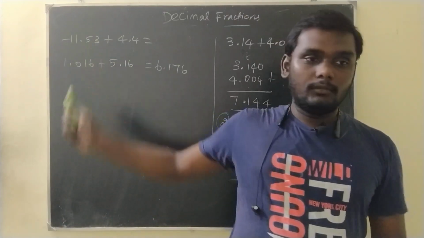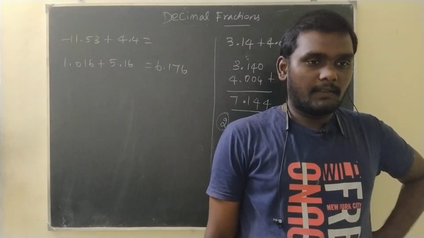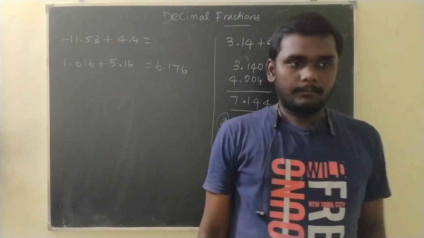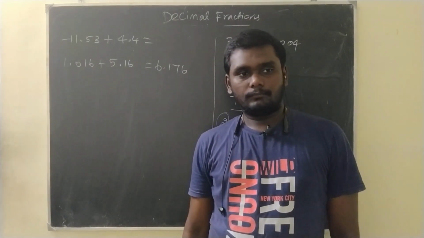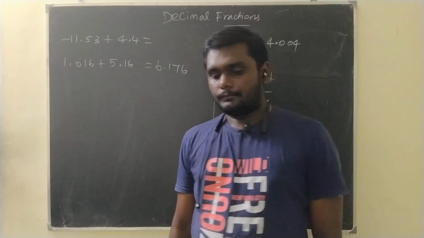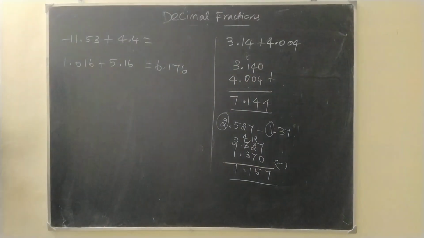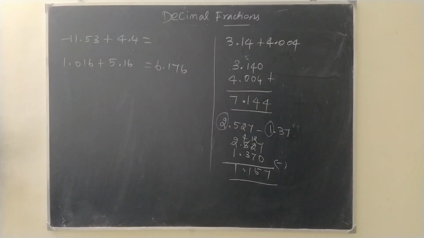Then subtract these two and put the bigger number's sign, the greater number's sign. Negative 7.13. Yes, correct.